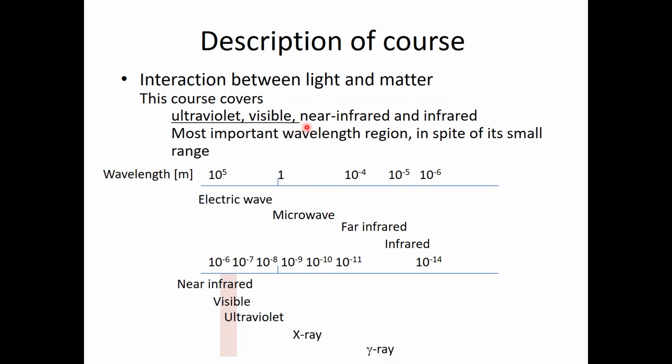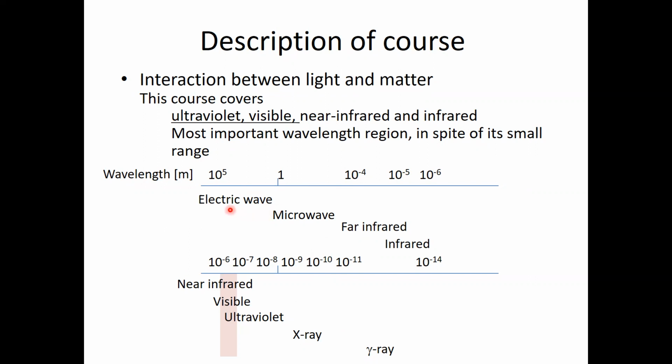But as you see, the wavelength region is very broad, and many different types of electromagnetic waves are known. Here's a chart categorized by wavelengths.